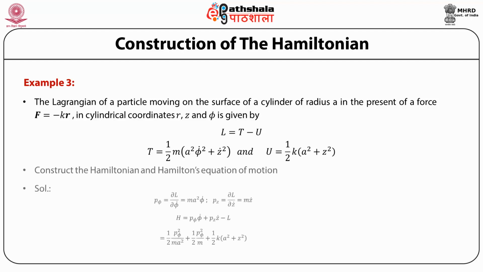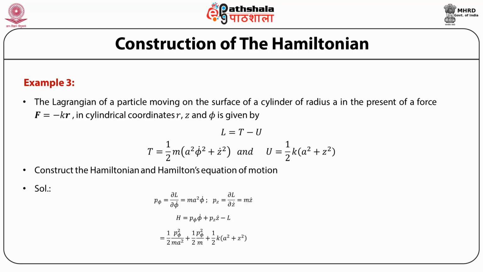Now, in order to construct the Hamiltonian and the Hamiltonian equations of motion, we first obtain the conjugate momenta to our generalized coordinates phi and z, which we have chosen to be the cylindrical coordinates.